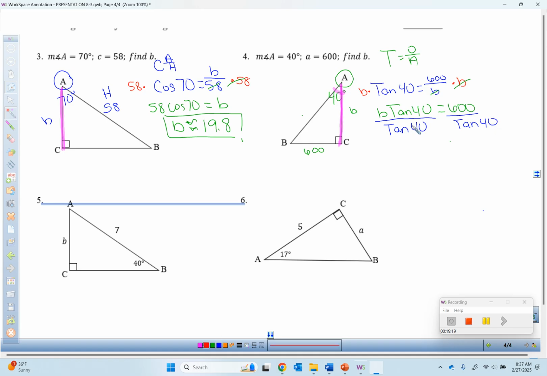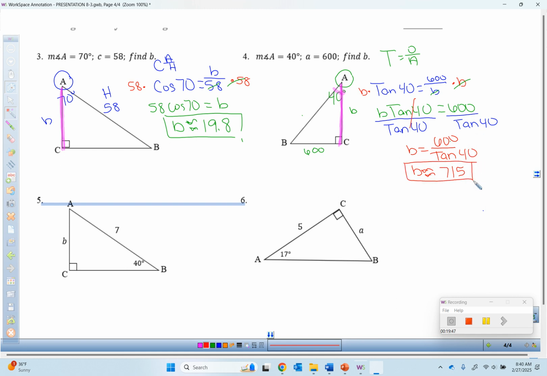That allows these to cancel, so I have B equals 600 divided by tangent 40, and what do we get? Yep, I got 715 as well. So I'm going to change this to approximate, because we are rounding 715.